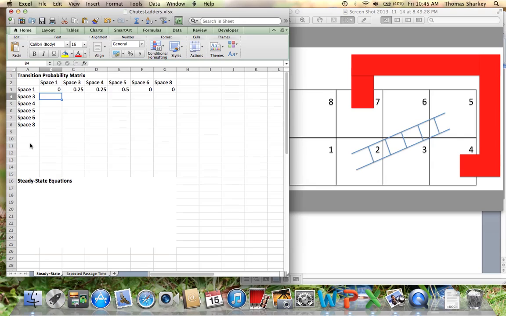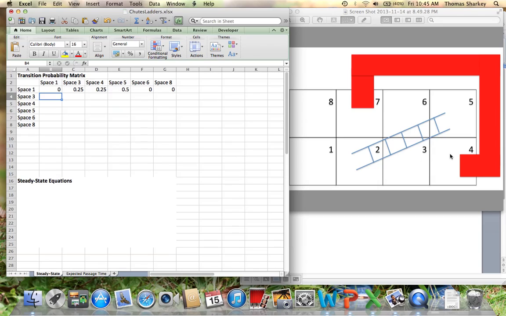So for space 3, let's look at what the transition probabilities look like. I can spin a 1, 2, 3, or 4. So looking at space 3, that means I can end up on space 4, space 5, or space 6. Actually, 2 of my outcomes for my spin would put me on space 4.